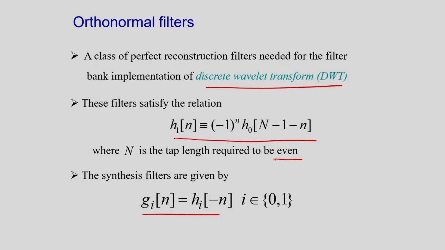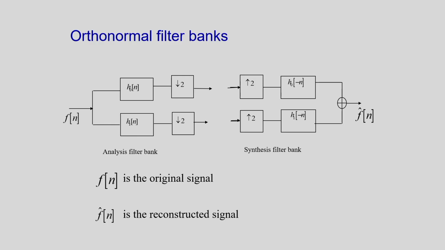And similarly for the synthesis of the signal we need filter banks, that is nothing but low pass filters and the high pass filters. So here you can see I am showing the analysis of the signal and also the reconstruction of the signal. Here I am considering the low pass filter H0n and high pass filter H1n, and I am considering the quadrature mirror filter.